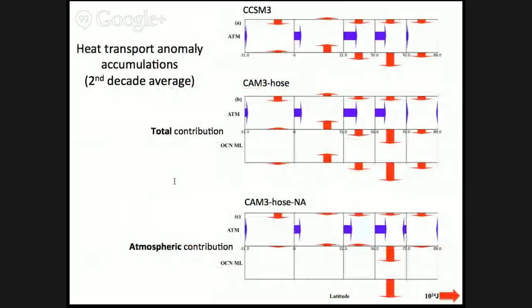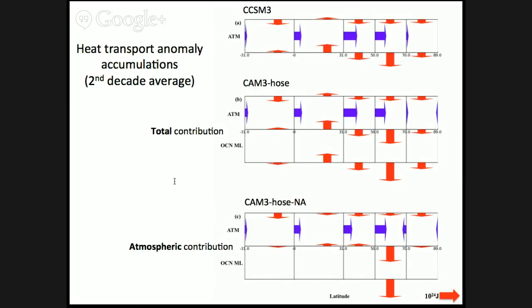This is showing the box plot of heat transport anomaly accumulation, averaged over the second decade. The unit is 10^24 joules. You see that the top is the fully coupled model simulation.